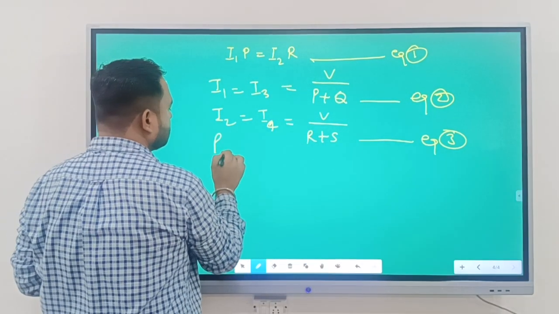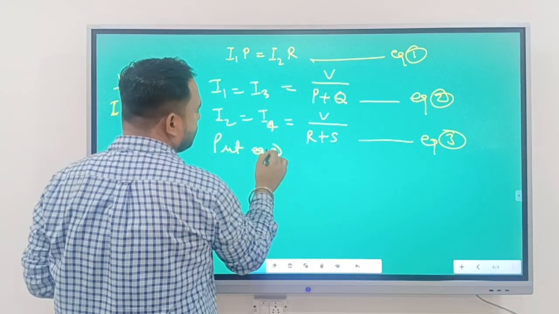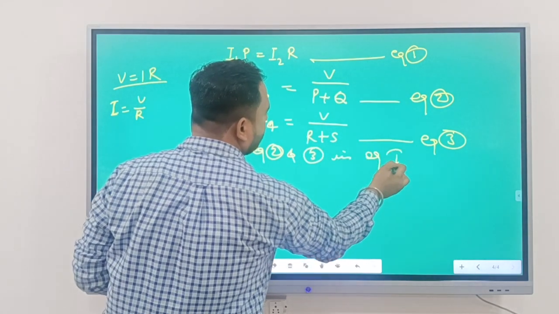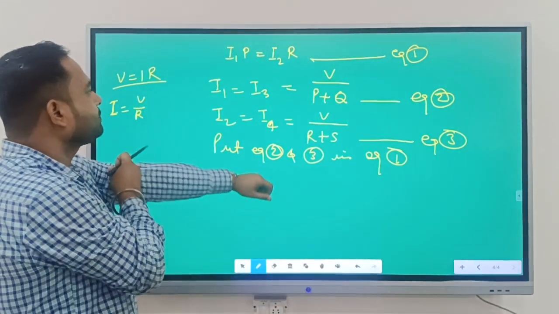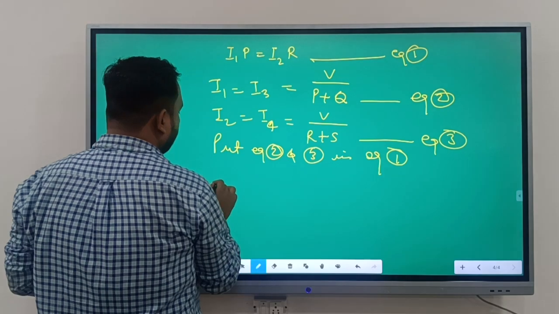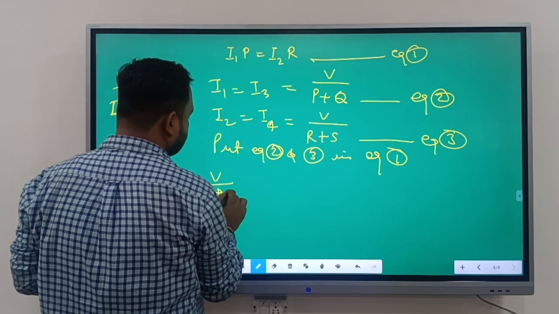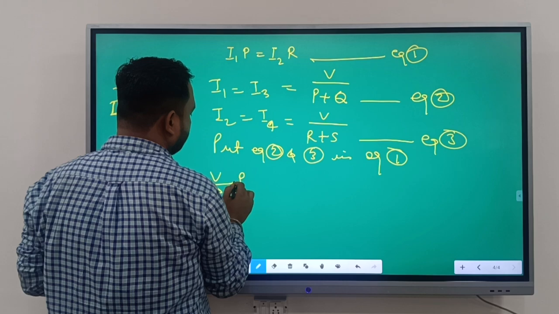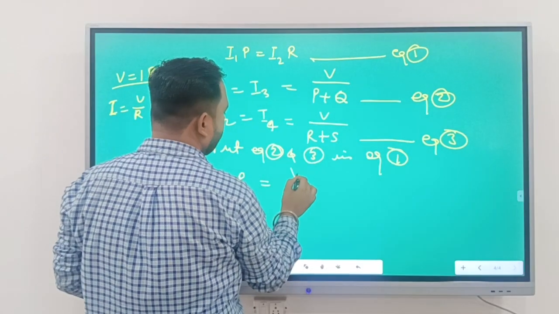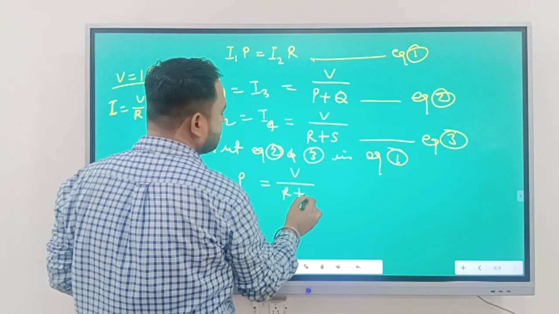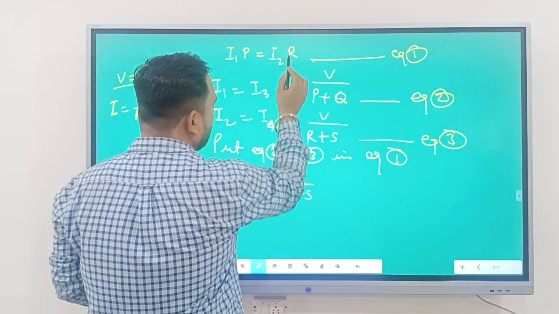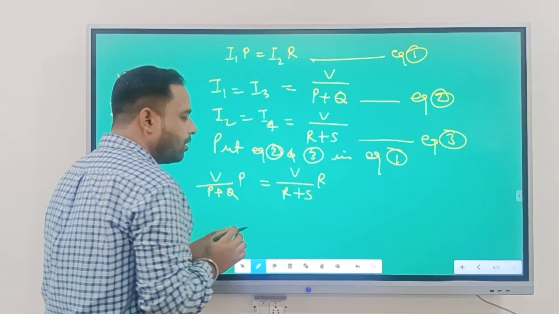So put equations 2 and 3 in equation 1. What will happen? I will put this value, V by P plus Q, into P, which is equal to V by R plus S into R. Got it?